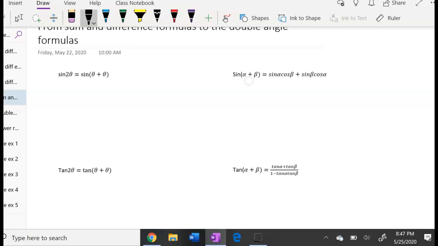So here's the sum formula for the sine, but now imagine that alpha and beta are the same thing, and we just call them theta. It doesn't matter, they're all the same angle. So we're just going to apply that formula. So the sine of 2 theta would be the same as the sine of theta plus theta, which would be sine theta cosine theta plus sine theta cosine theta, right?